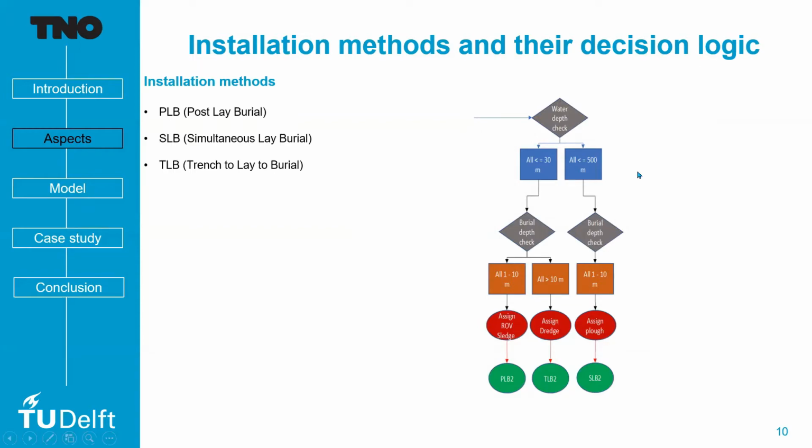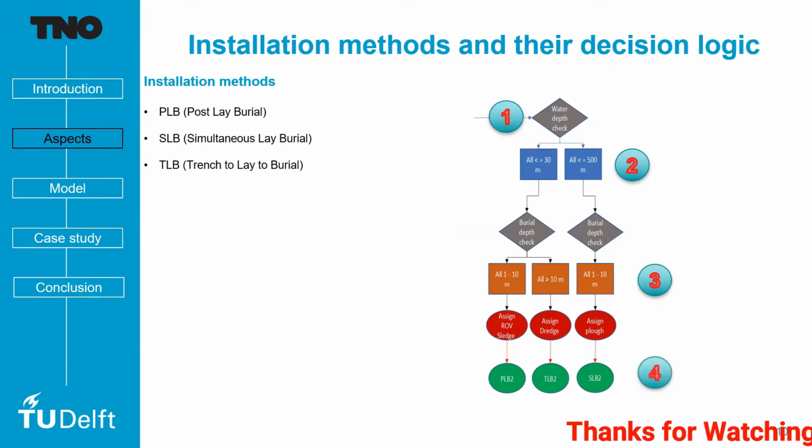And these are determined by many factors such as you can see, water depth. So if the water depth is very high, then sometimes you might need to use a different method. So the sequences are, for example, here roughly stated. So if the water depth is, for example, less than 500 meters, the burial depth is the next check. So if the burial depth is between, let's say, 1 to 10 meters, then you would require a simultaneous burial approach.